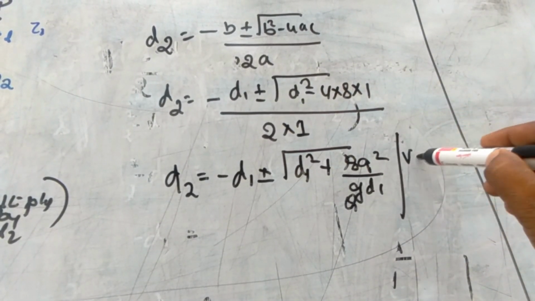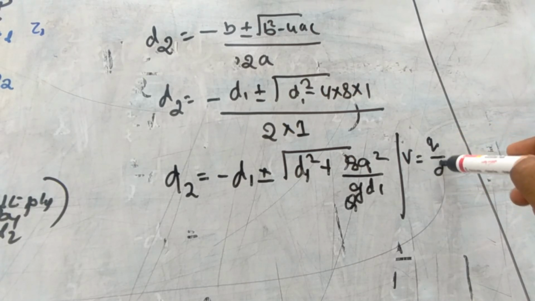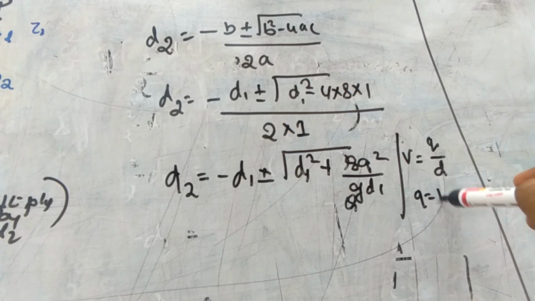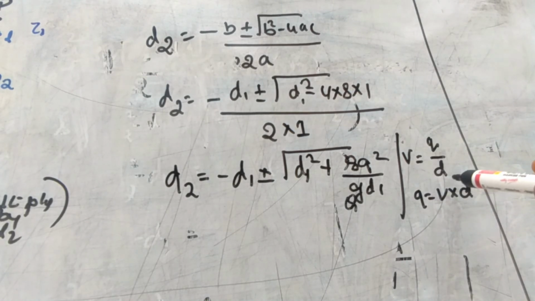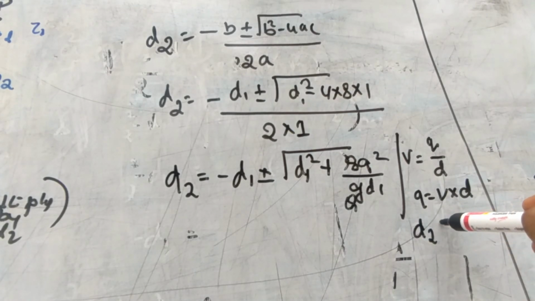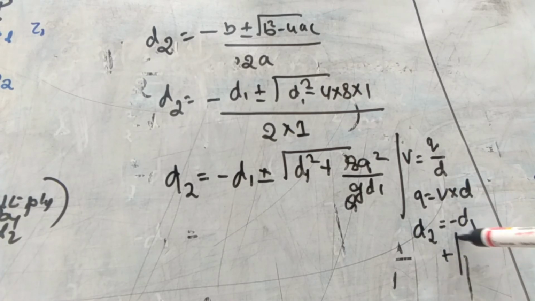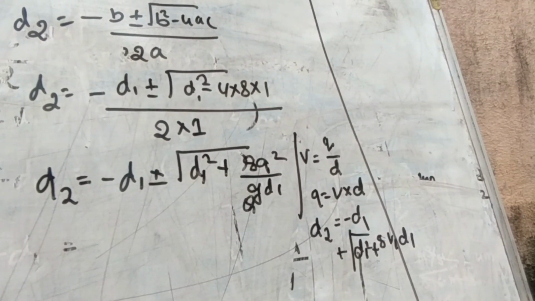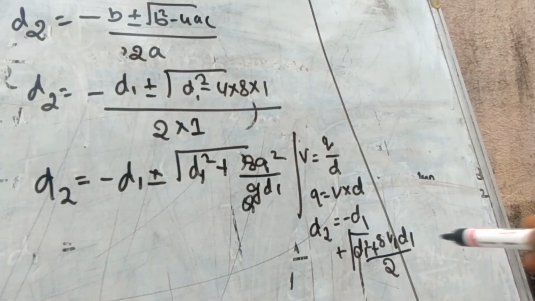Here v is equal to q by d, so q is equal to v into d. So d2 is equal to minus d1 plus or minus root of d1 square plus 8 into q square, where q is equal to v1 d1, divided by g d1, all divided by 2.